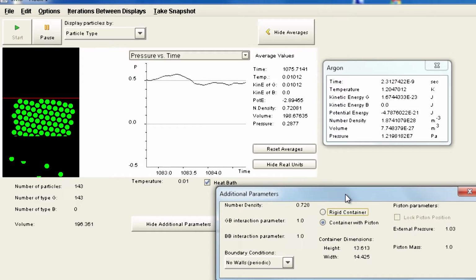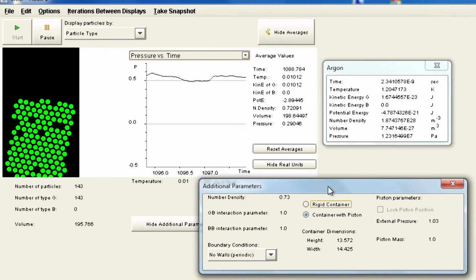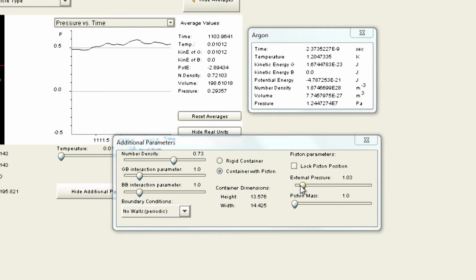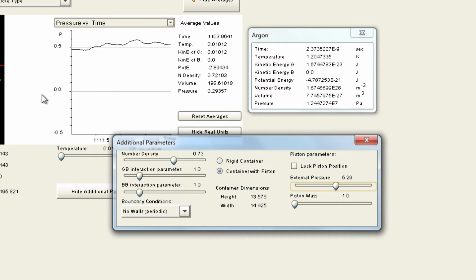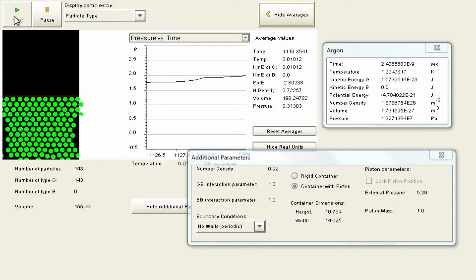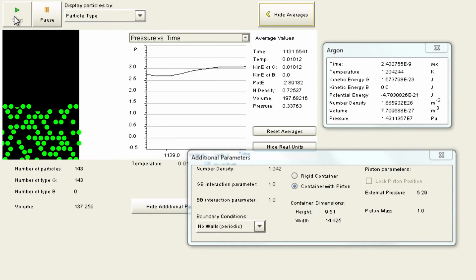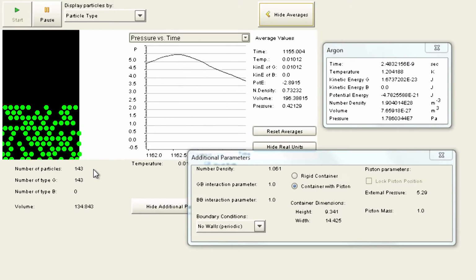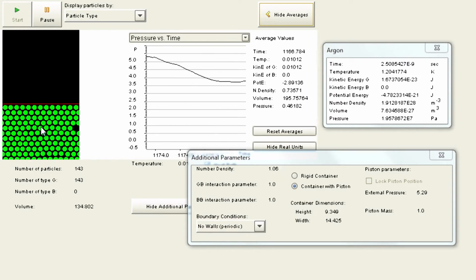Now let us look at whether we can break this system by going to extremely high pressures. I am going to go all the way to 6.29 and see what happens. Now, you saw the piston came down and almost broke the symmetry, and essentially the entire system is compressed to the minimum, and you can see a sinusoidal curve very clearly indicated here, and it is becoming less and less.